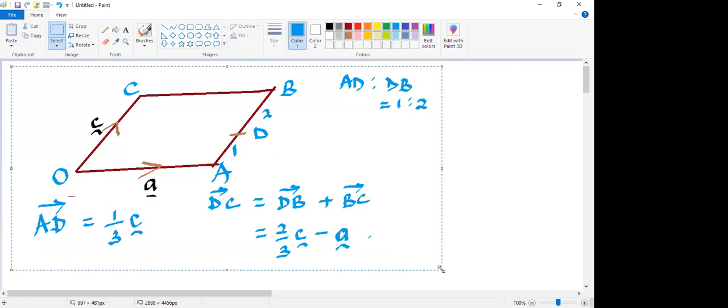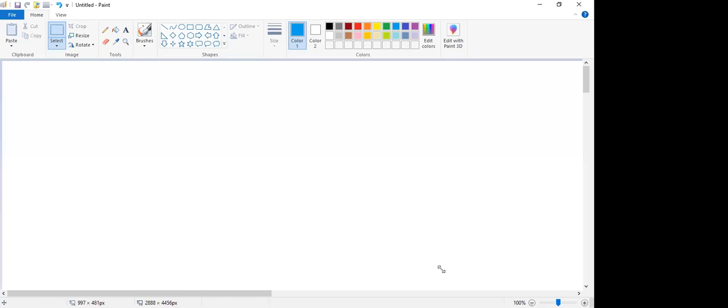If two vectors are not parallel, I suppose I have vector A and vector B. Vector A is not parallel to vector B. Those two are not parallel, but it is not only that.